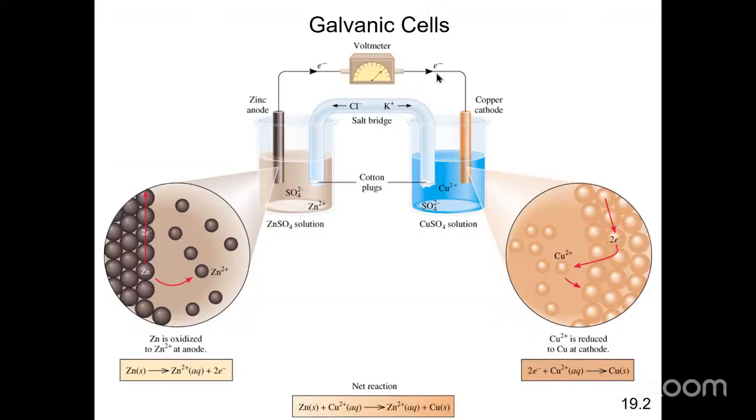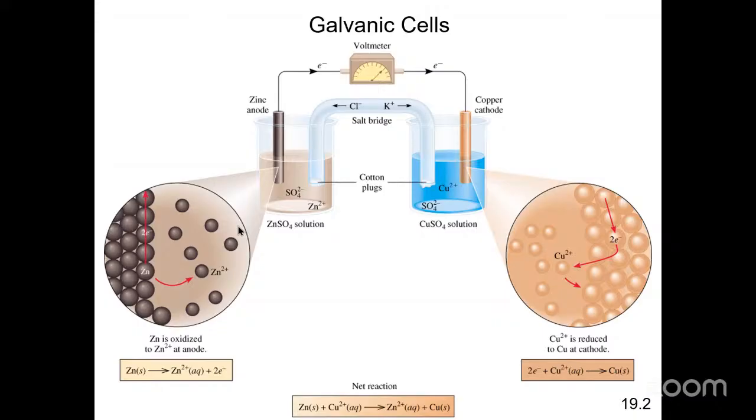I should add, if you have done physics before, an electric current is a flow of charge. By virtue of the fact that the electrons are moving through the external circuit, they create an electric current. So that's where the electrons are coming from.